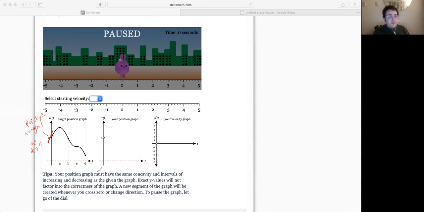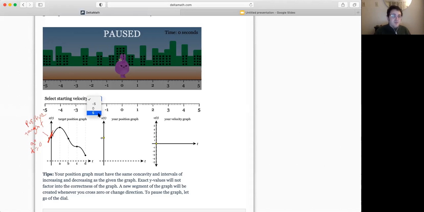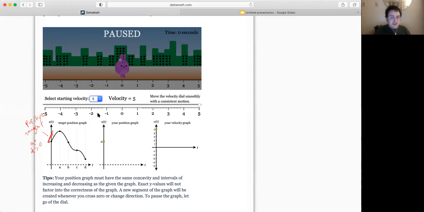What we can see here is that we have a choice of starting velocity. Obviously, we have a positive sloping line, so we need to be choosing a positive starting velocity. And what's going on here is that we are going less in a positive slope and eventually seeing some decreasing velocity.